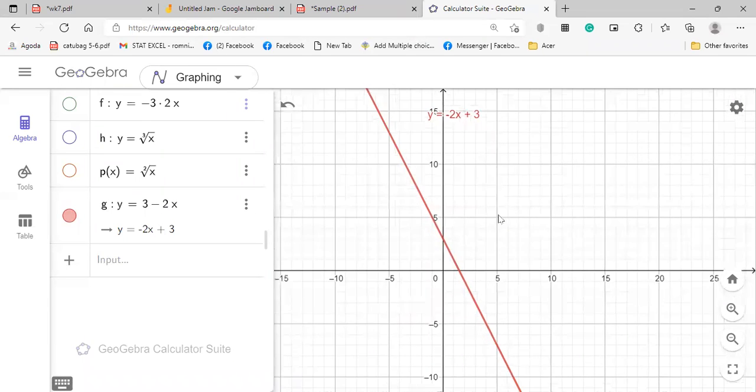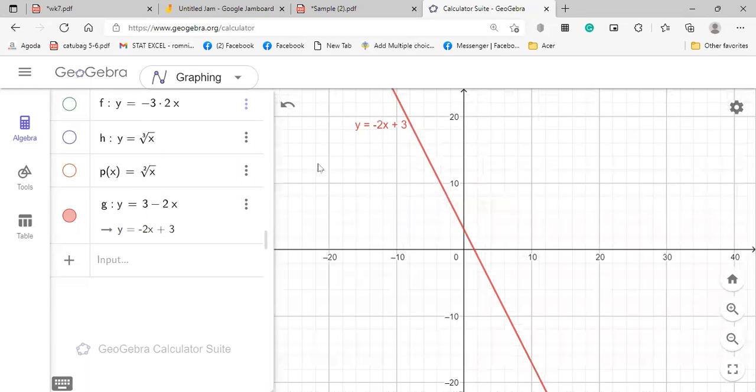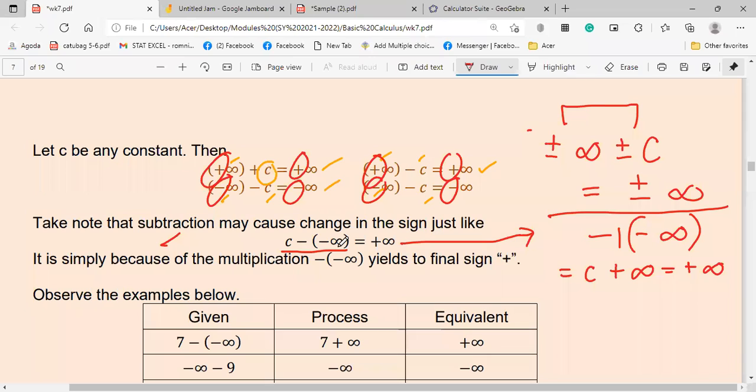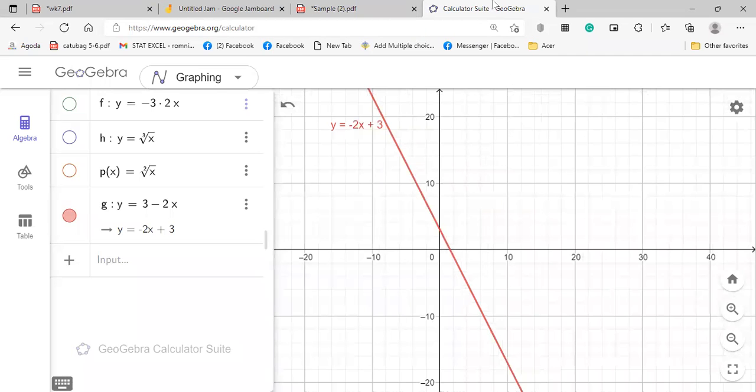Dahil sa slope na yan, magkakaroon ka talaga ng decreasing function. C minus a decreasing function, magiging positive infinity. Tingnan nyo kung saan papunta itong graph.